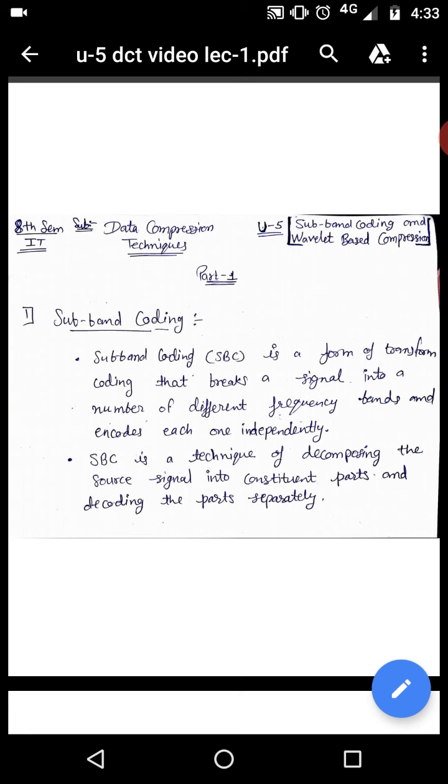We can understand with an example. When used for audio compression, subband coding exploits what might be considered a deficiency of the human auditory system.